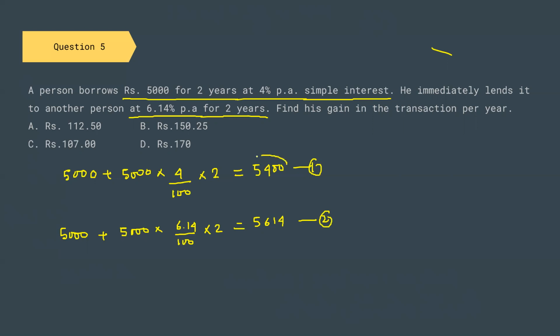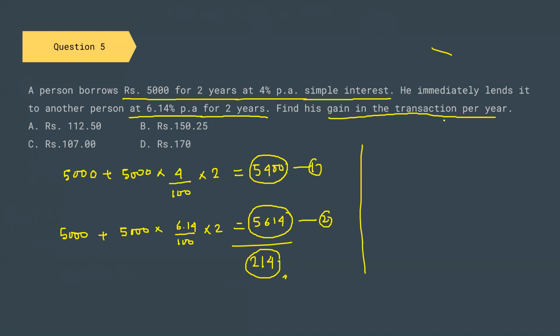So the person has to pay this much money, but this person is also getting this much money. So if we subtract, we are going to get 214 rupees. So this person is going to earn 214 rupees in the course of 2 years. But 214 is not the answer. They have asked to find the gain in this transaction per year.